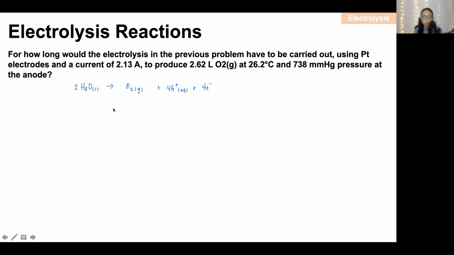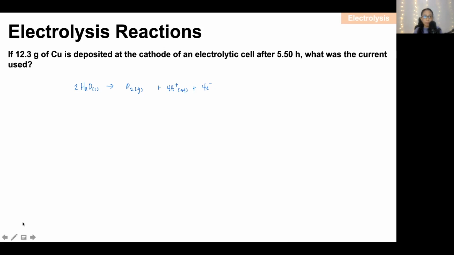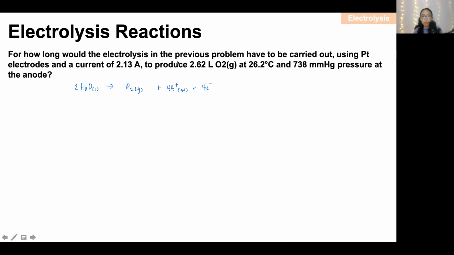Okay, so the conditions are you have 2.13 amperes. Okay, it's asking for the time. So since it's asking for the time, we have the target amount of the product, so we can get the moles of electrons. Okay. So how do we get the moles of electrons? First, we need to get the corresponding moles of oxygen gas.